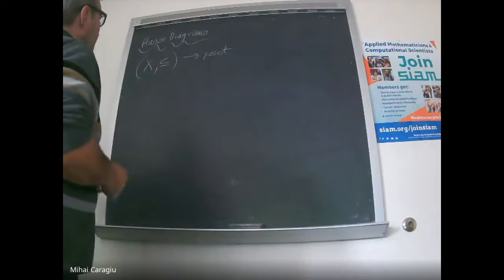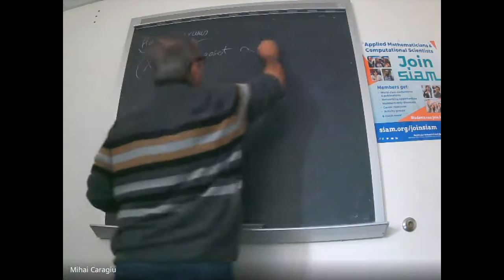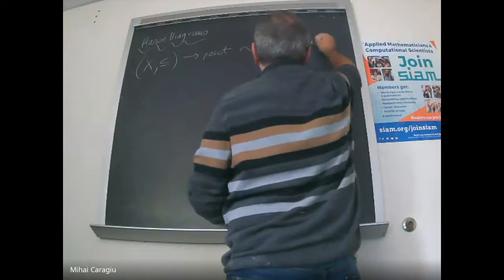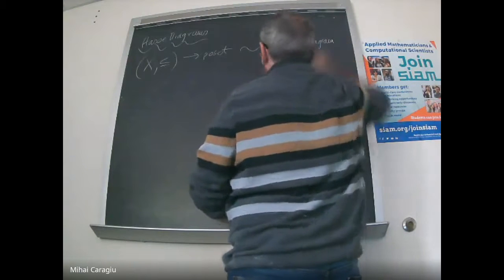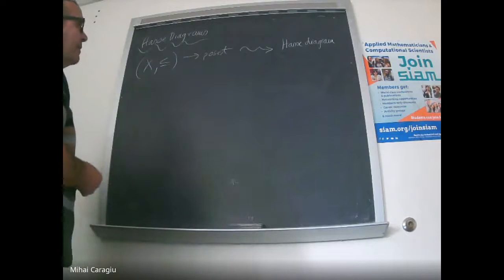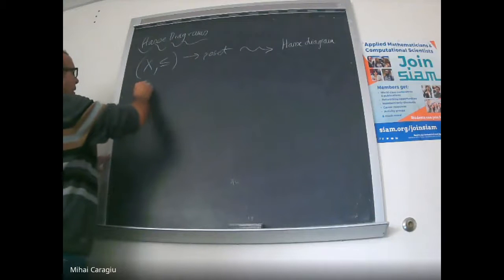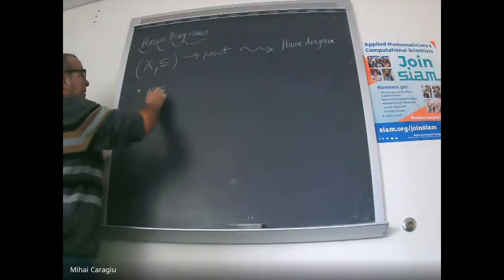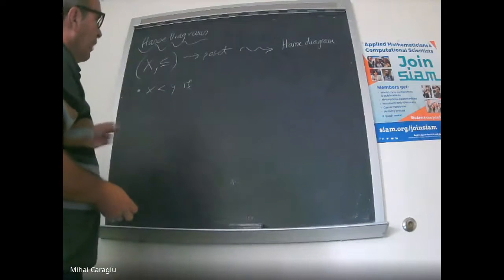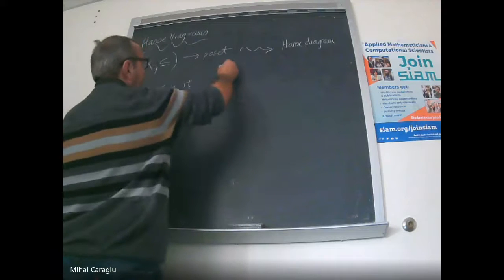The main feature of Hasse diagrams is that to this poset we assign a Hasse diagram. They are very good tools for the conceptual understanding of order relations. Two main ideas are here. First, x is strictly less than y if in the diagram we can climb from x to y continuously. Imagine this is x, this is y.